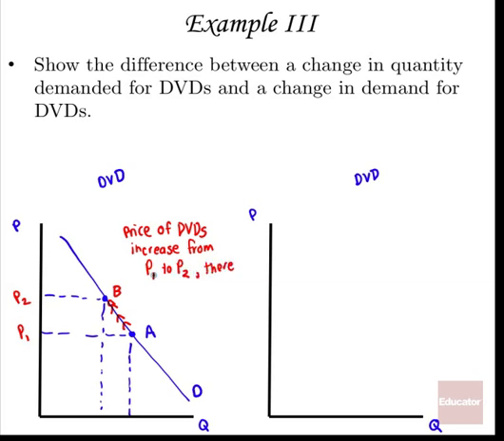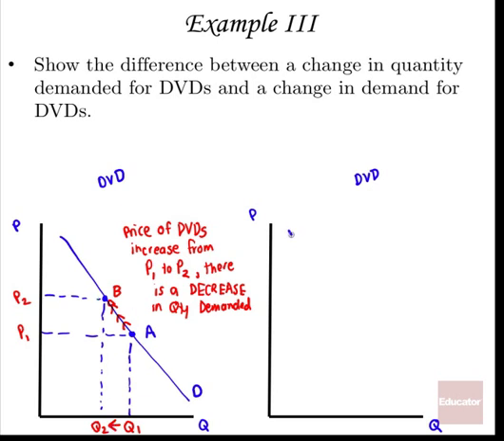There is a decrease in quantity demanded. So notice that there's no change in demand, there's just a change in quantity demanded, and it goes from Q1 to Q2. So there's definitely a decrease in quantity demanded, a movement along the demand curve.